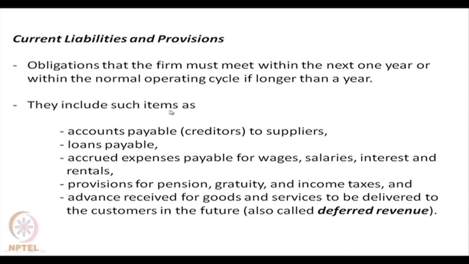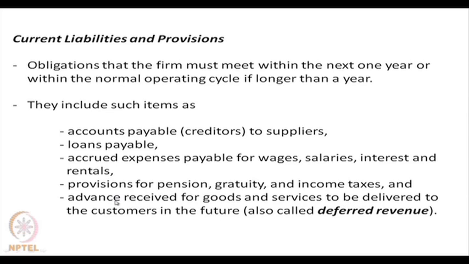They include such items as accounts payable, which is also known as creditors to suppliers, loans payable, accrued expenses payable for wages, salaries, interests and rentals, provisions for pension, gratuity and income taxes, and advance received for goods and services from customers for delivery of these things to them in the future.